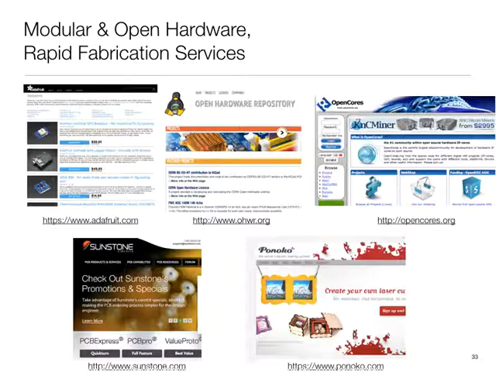You can get open hardware designs. If you need a USB interface to put on an FPGA, you'll probably find it here. Open cores, similar story. And then it's very easy to get PCBs done, even very cheaply.